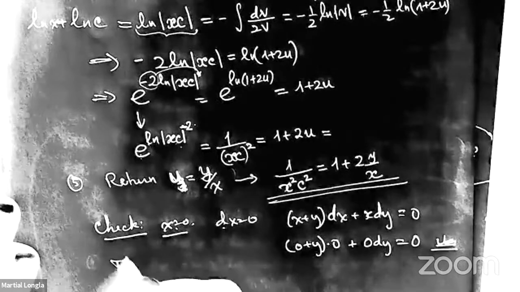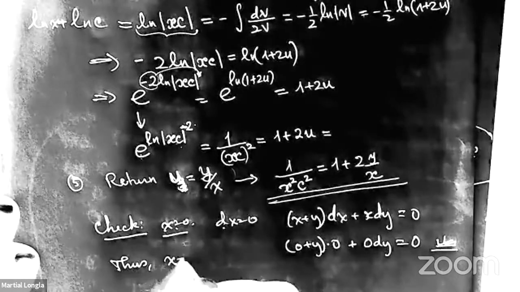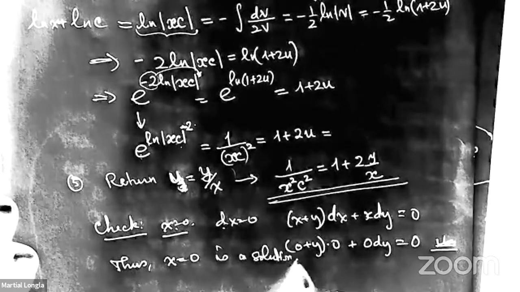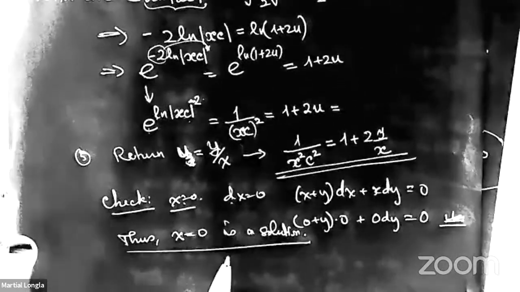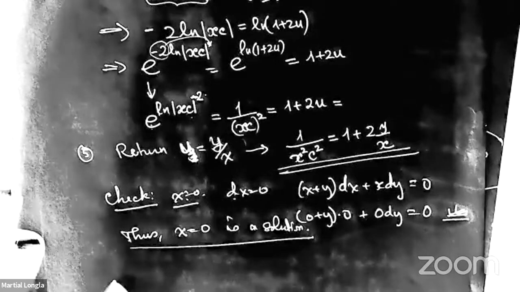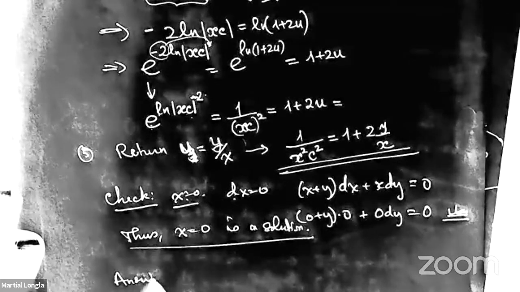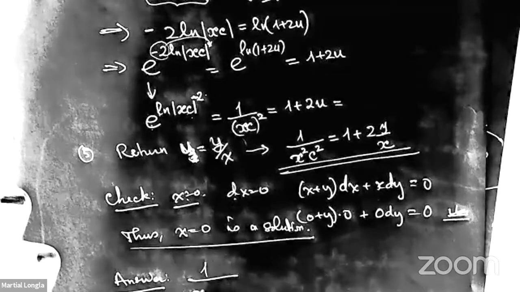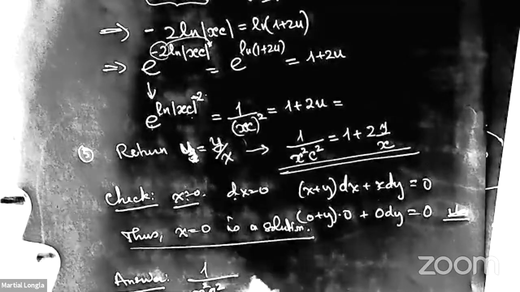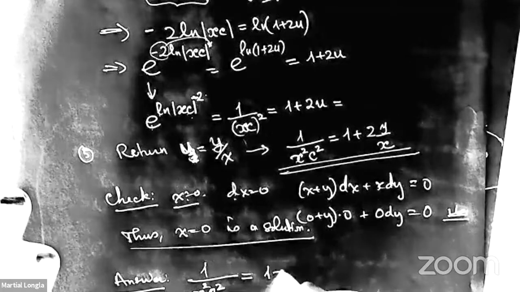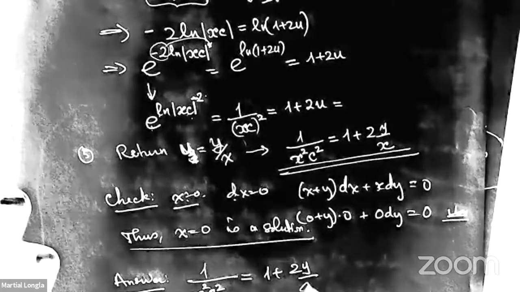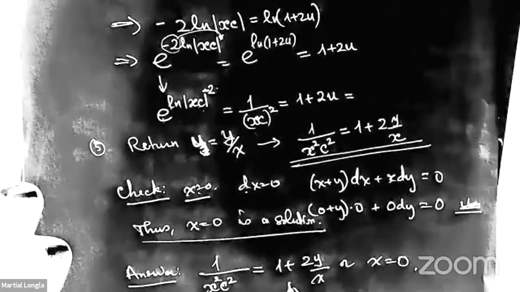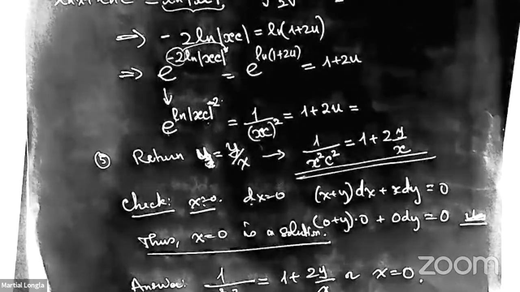Therefore, x equals 0 is a solution. In conclusion then, our answer is one over x squared c squared equals 1 plus 2 y over x, or x equals 0. That's it.